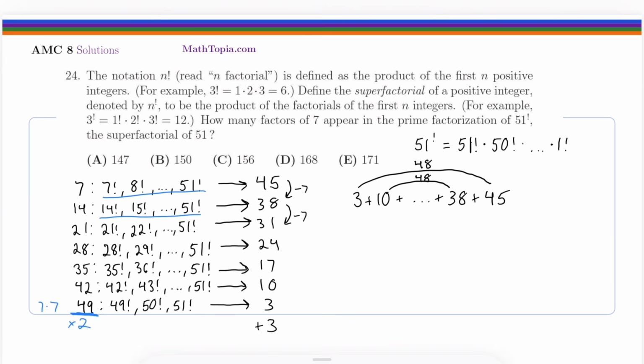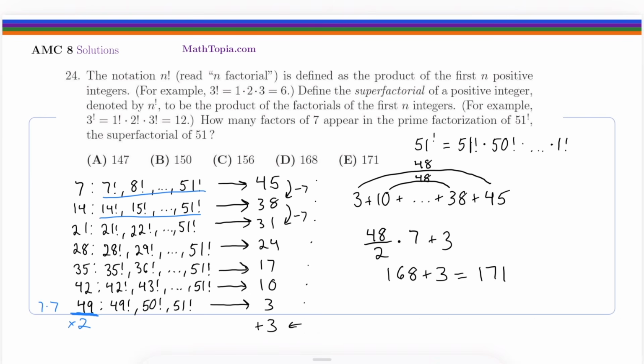And since we have 1, 2, 3, 4, 5, 6, 7 numbers, we will have 48 over 2 times 7, plus this 3 at the end for the 3 extra 7s that we have. Doing this math out, we get 168 plus 3, which gives us E, or 171.